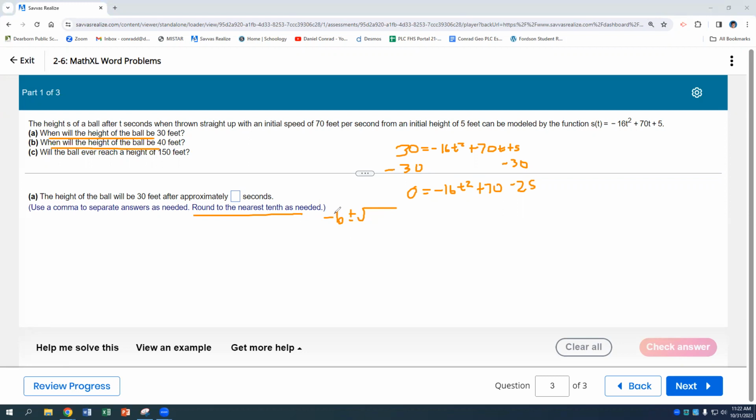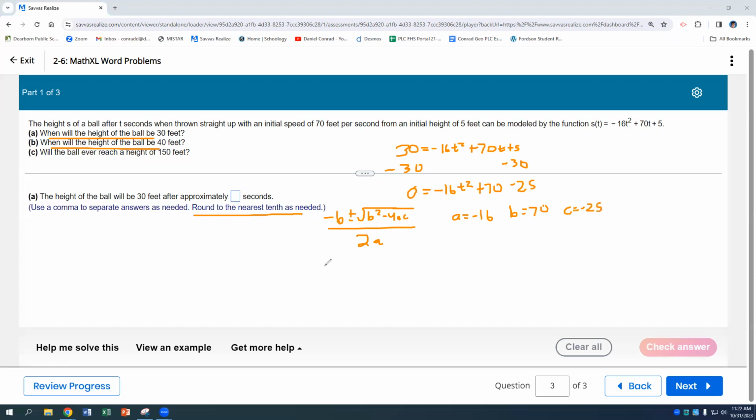So let's fill it in first. Opposite of b plus or minus square root of b squared minus 4ac all over 2a. All right, so a is going to be negative 16, b is going to be 70, and c is going to be negative 25.